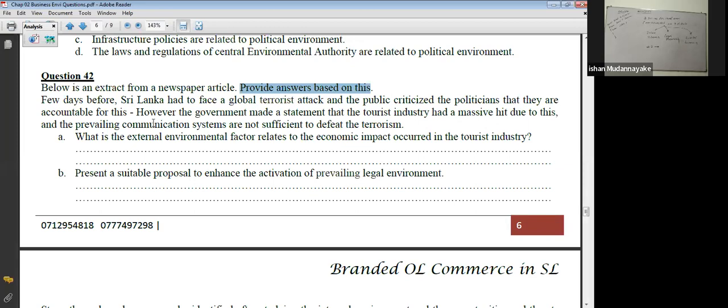However, the government made a statement that the tourist industry had a massive hit due to this, and the prevailing communication systems are not sufficient to defeat the terrorism.